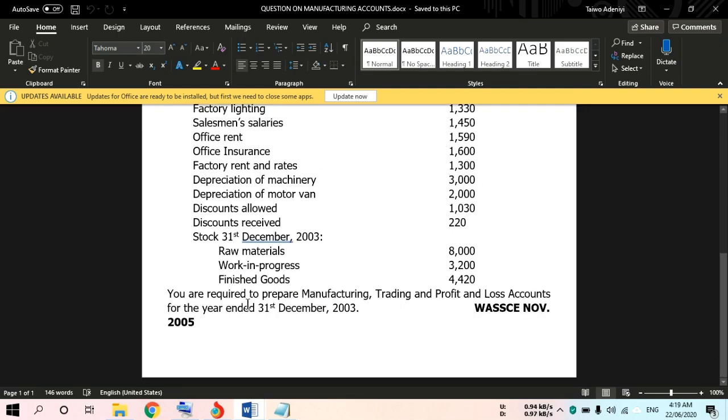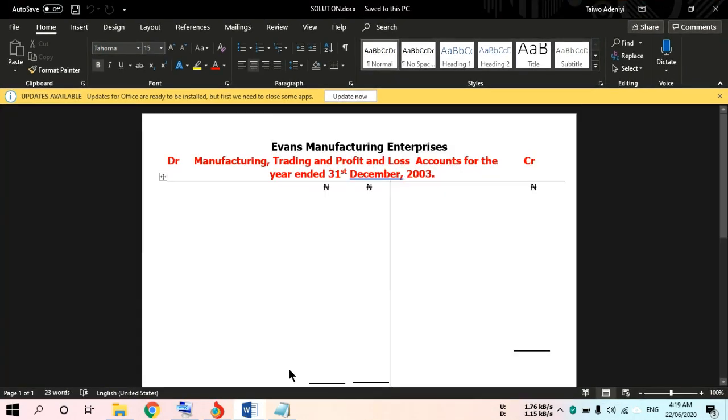And you are required to prepare manufacturing, trading, and profit and loss accounts for the year ended 31st December 2003. So now let's begin. Now to begin this, I have already drawn my format, the table I need to use to put in all the necessary figures.